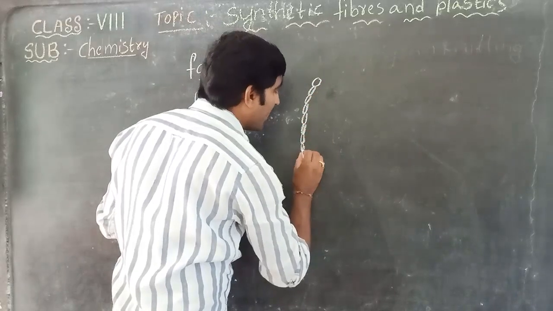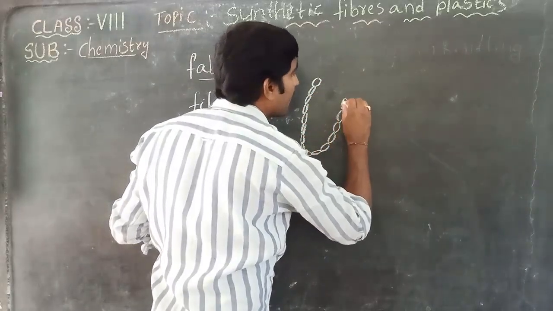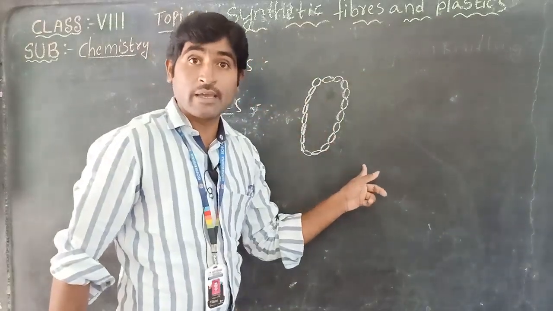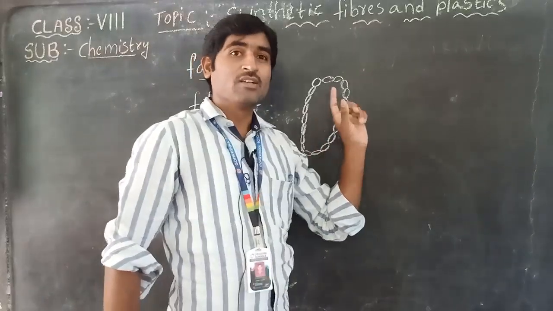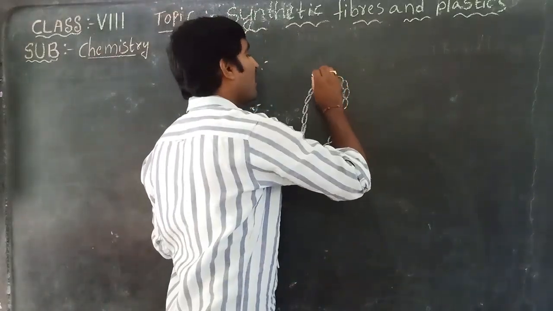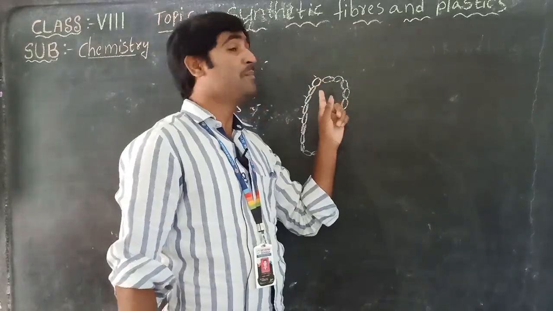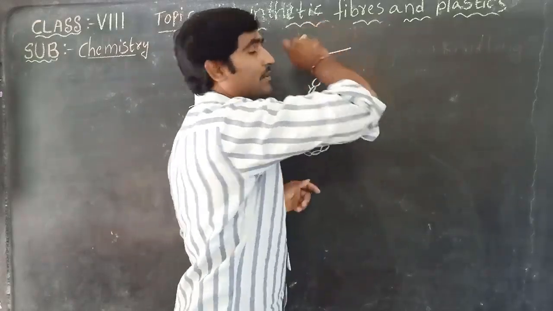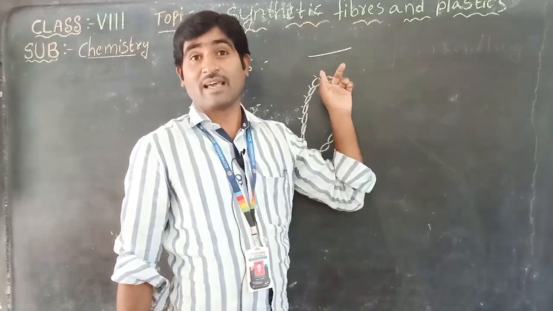These beads are joined together with the help of a thread. They form one long chain. So in that necklace we have seen small beads joined together with one thread, and they form one long chain.